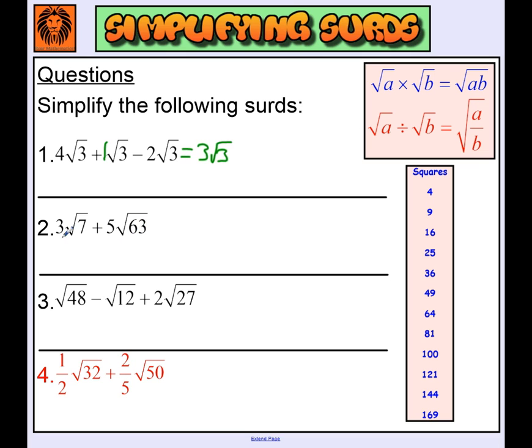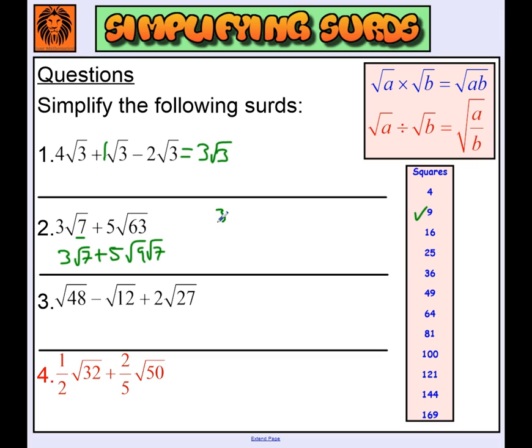With question 2, we have 3 lots of root 7 plus 5 lots of root 63. Now 7 is a prime number, so we can't simplify this anymore. So we know that this has got to be in terms of root 7. So the biggest square number is going to be 9, as 9 times 7 is 63. So we can rewrite this as 3 lots of root 7 plus 5 lots of root 9 times root 7.